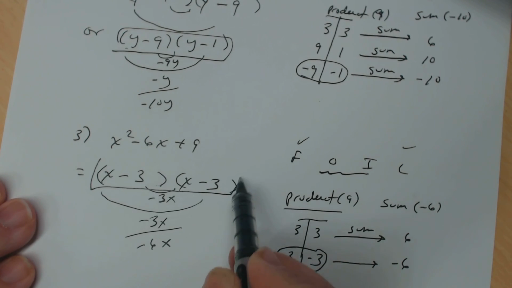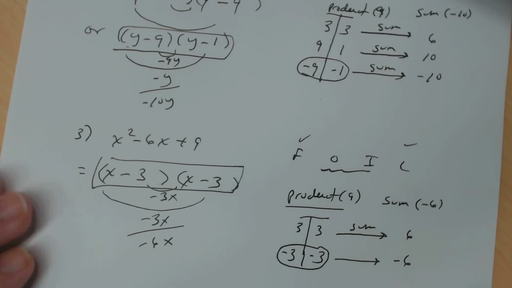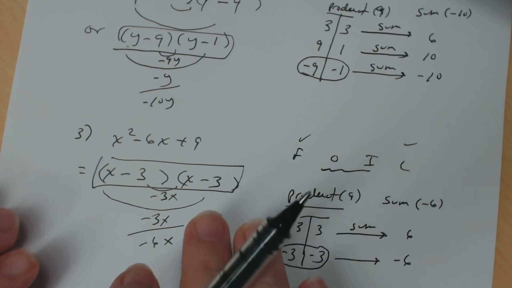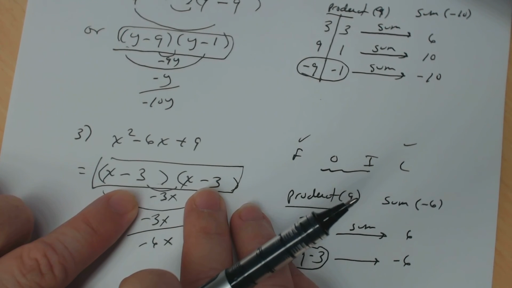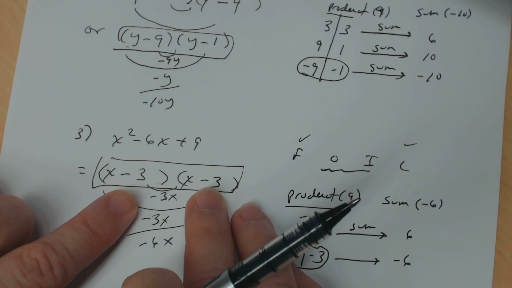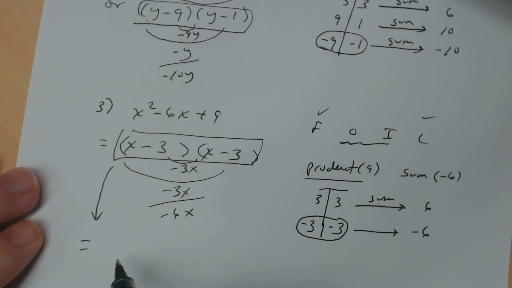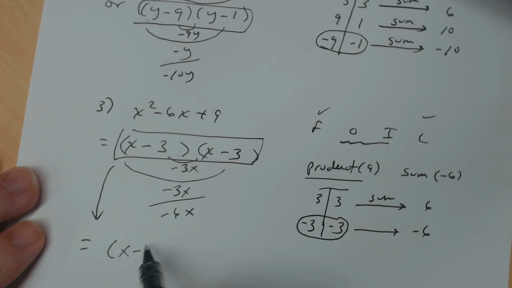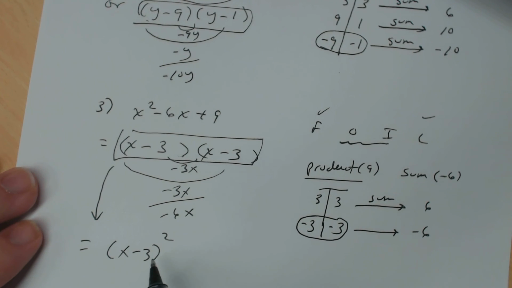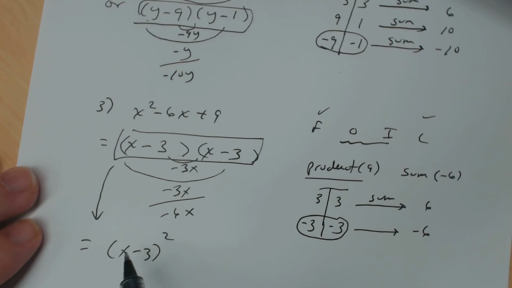So this is your answer. Now notice how these two factors are the same? There's another way you can write this: x minus 3 squared, because x minus 3 squared means x minus 3 times itself.